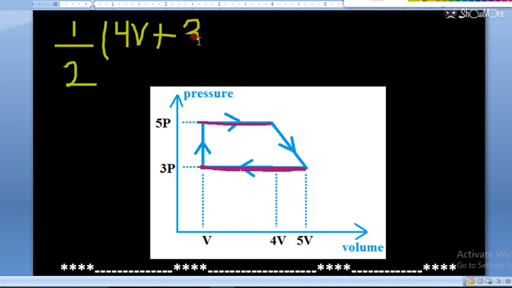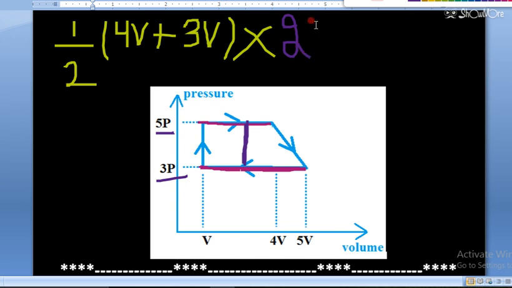So 4b plus 3b is the sum of the parallel sides, into the perpendicular distance between them. The perpendicular distance is this one. This is 5p minus 3p, so it is 2p.